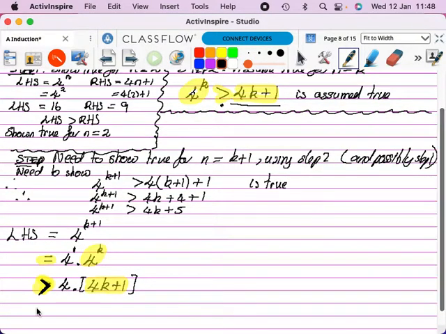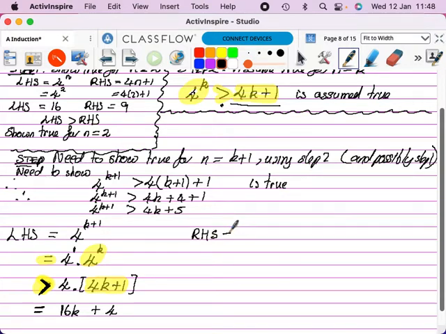Now, mathematically, the next line is equal to the line above, so I'm using an equal sign. 4 on 4k is 16k plus 4. Now, I don't know if you've spotted this.